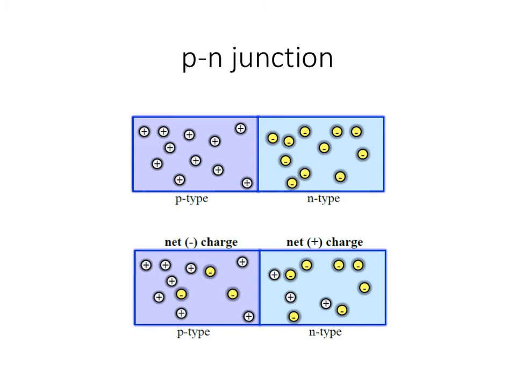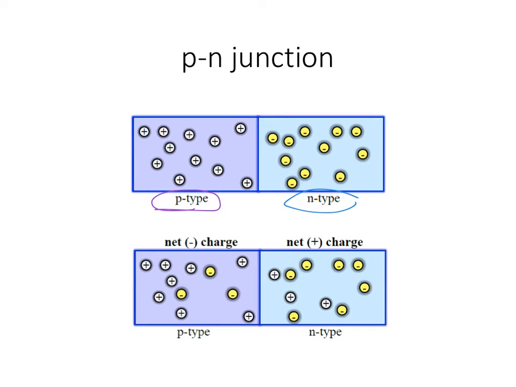Well, then you could put a p-type and an n-type together to create a p-n junction. So in the p-type, remember that we have a bunch of holes because you have atoms that have not quite enough electrons. And so those holes then are positive because they're not filled with electrons. And then you have an n-type, and let's say you put the n-type next to the p-type, and the n-type has a whole bunch of extra electrons, so a bunch of extra negatives.